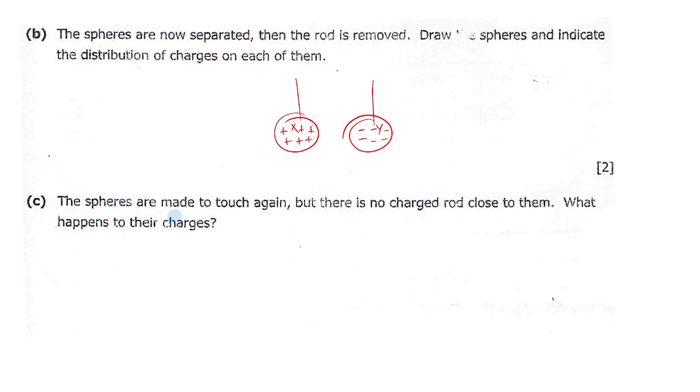Then the spheres are made to touch again, but there is no charged rod close to them. What happens to their charges? When they are made to touch again, their charges are going to move. Some electrons will move back here, and their charges will disappear.